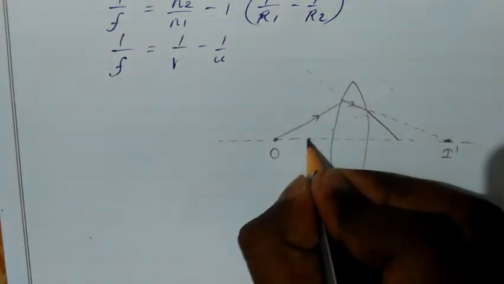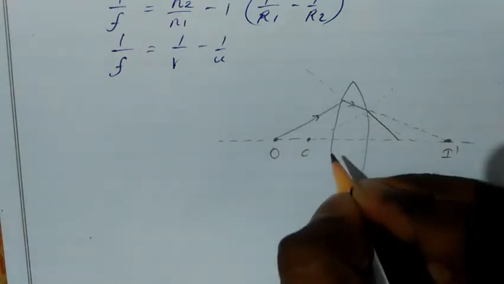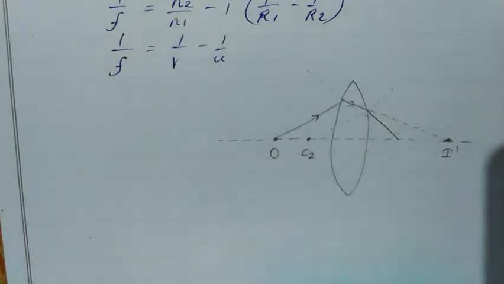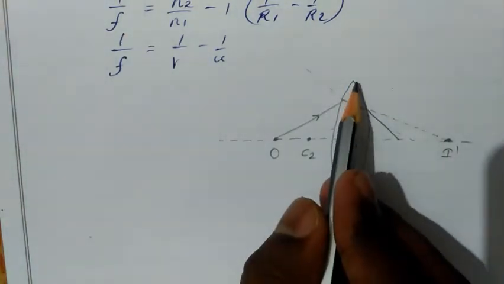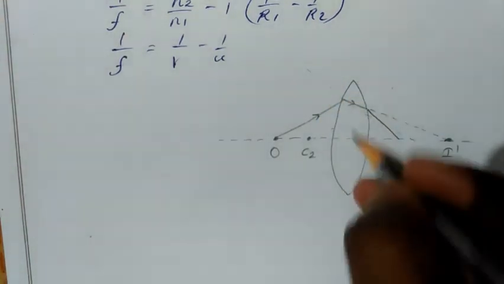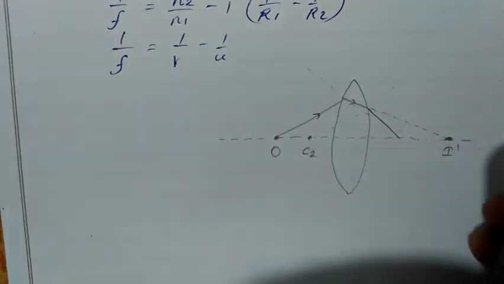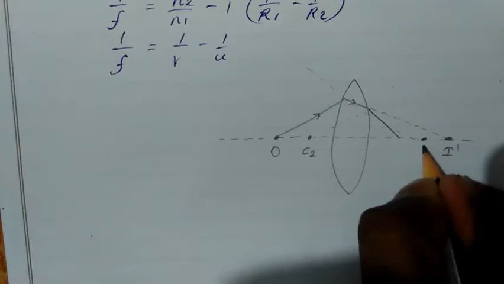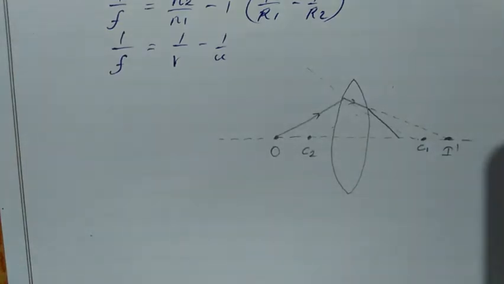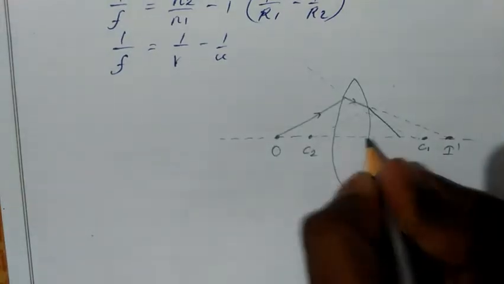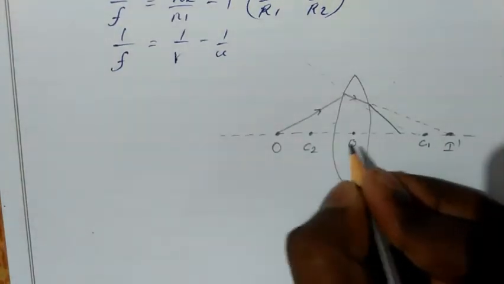So we have the center of curvature somewhat here, and this is C2. Correct? Then for this other curved surface we have C1 somewhat here. This is our optical center of the lens.